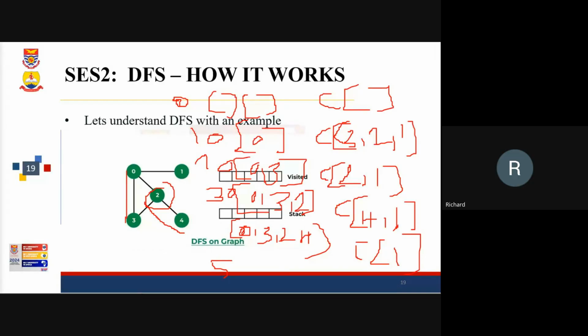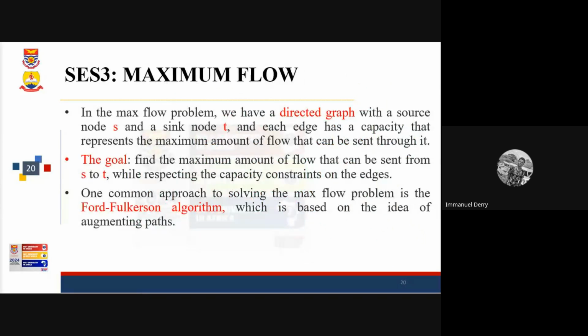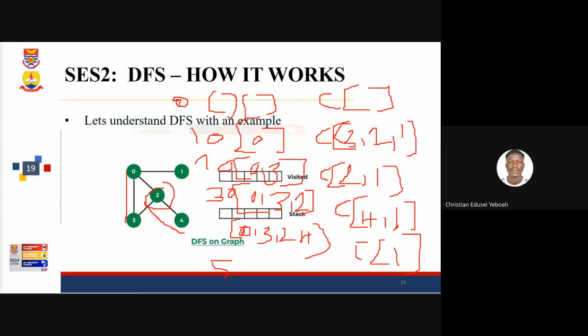So do you get it? All right. Any other question? So please, can you do the third and 4th again, please? Third and 4th and 5th.